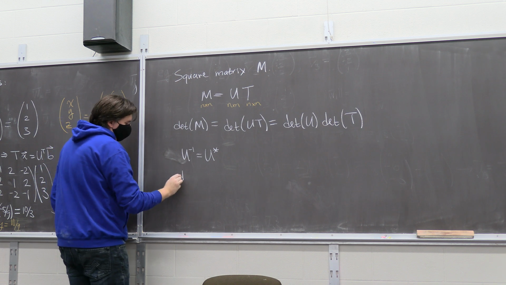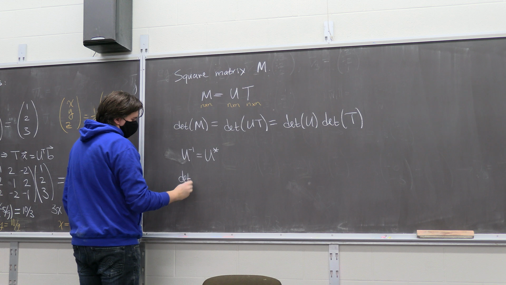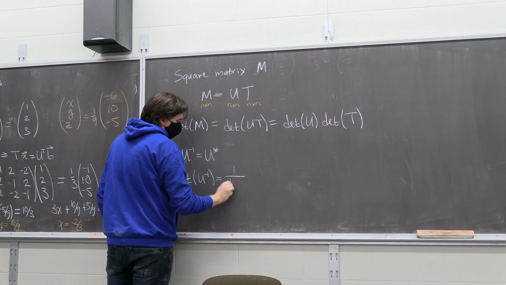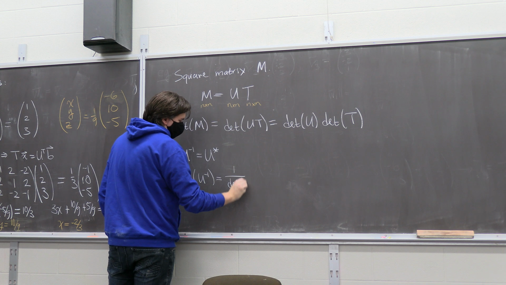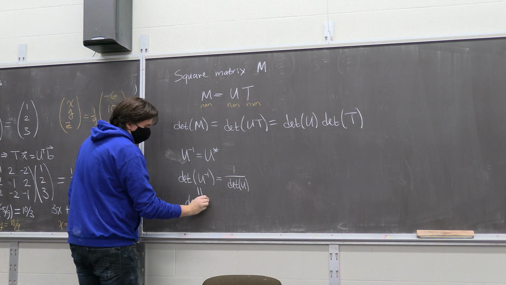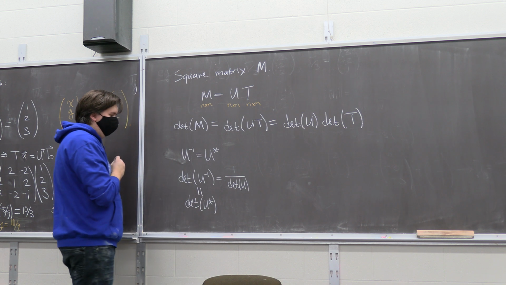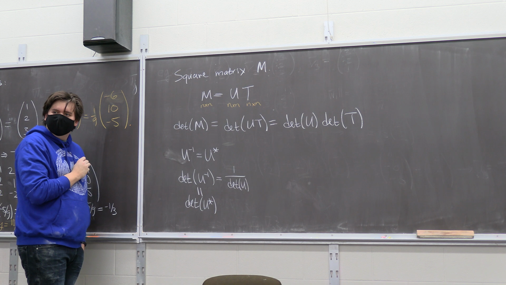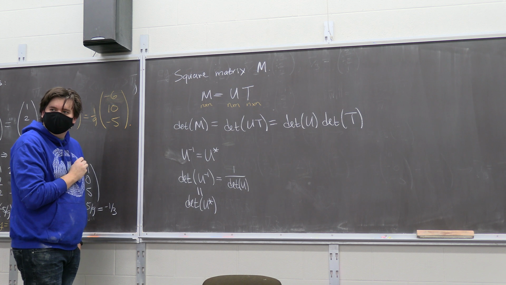So now you're saying the determinant of U inverse is 1 over the determinant of U, but you've just told me that U inverse is U conjugate transpose. Now what? I think the determinant of U conjugate transpose should be the determinant of U.